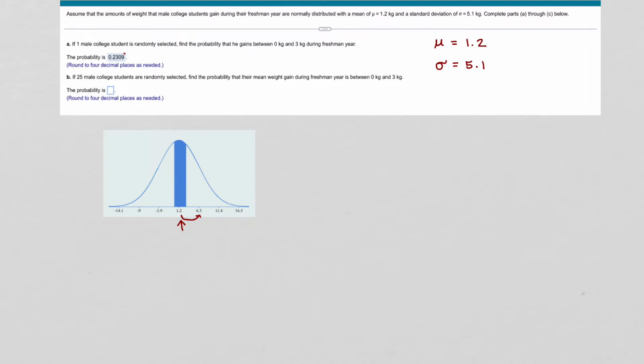So to calculate this, I'm going to use normal CDF, and the range is from 0 to 3, so that's our lower and upper. The mean is 1.2, and the standard deviation is 5.1.